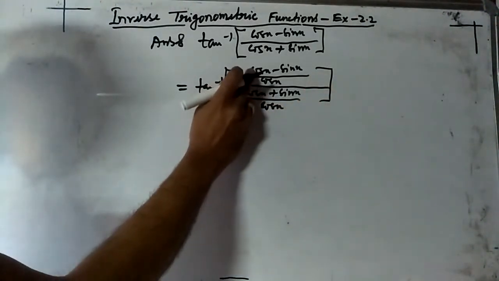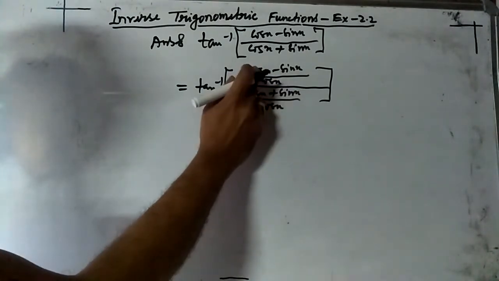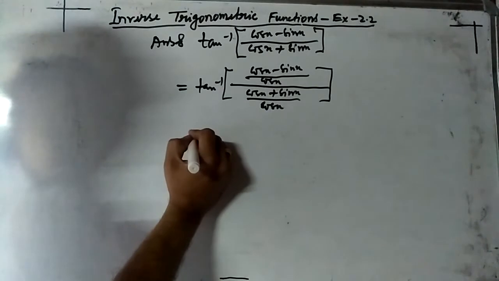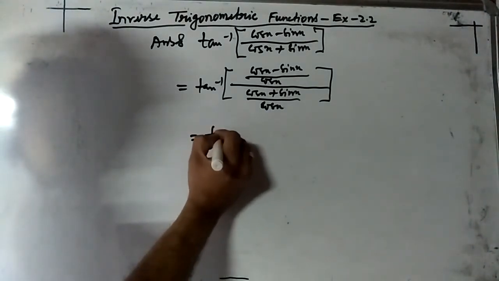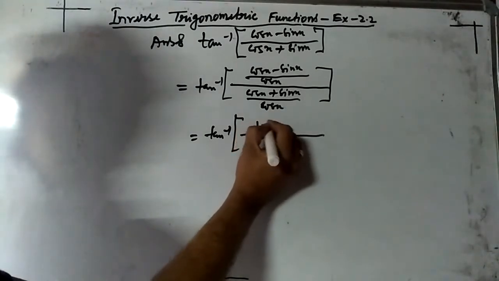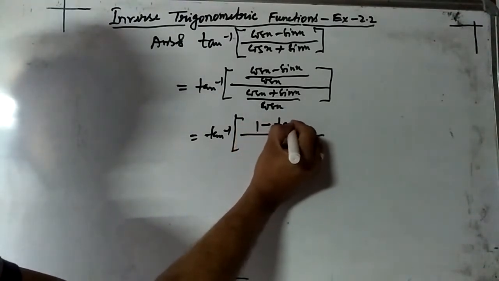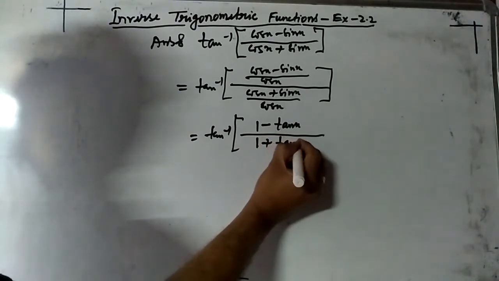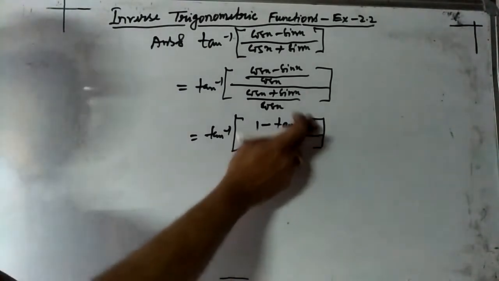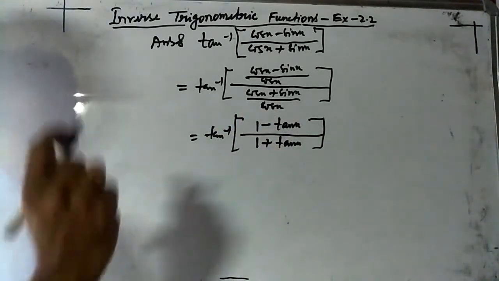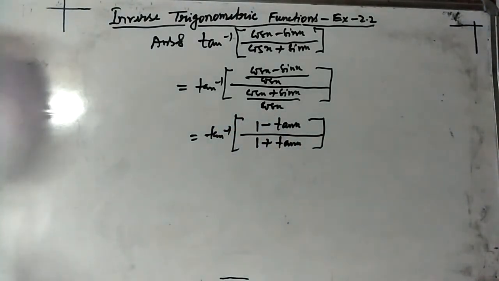Then if you separate these two terms, cos x by cos x minus sin x by cos x, then you will get tan inverse. In numerator you will get 1 minus tan x. In denominator 1 plus tan x. Now we have to simplify this. We have to make it in one term, that is tan theta.